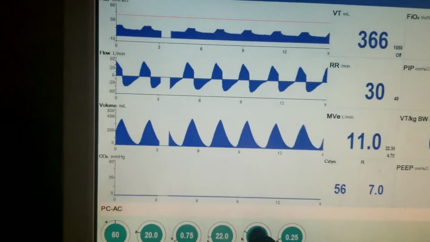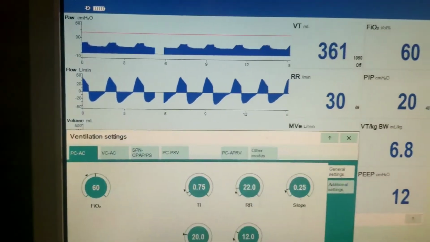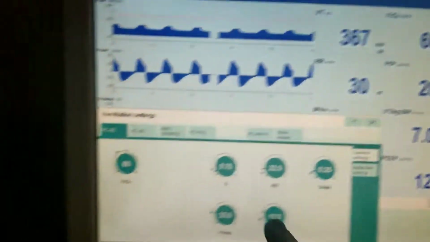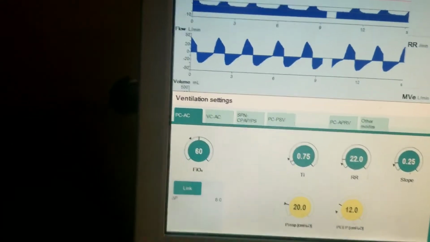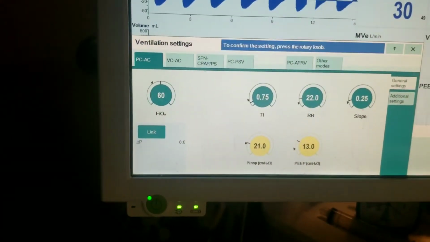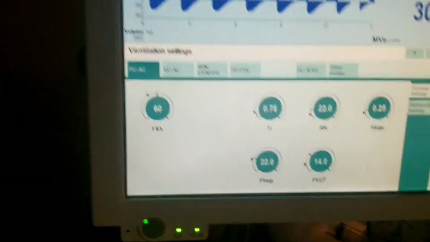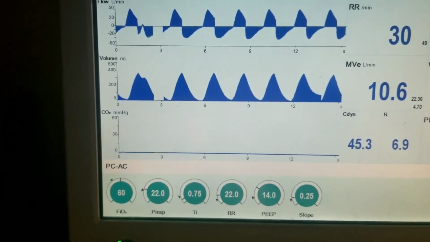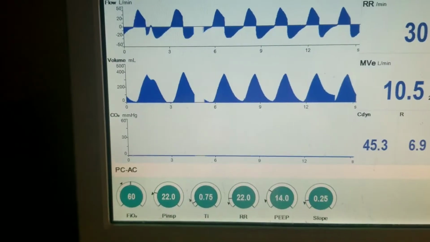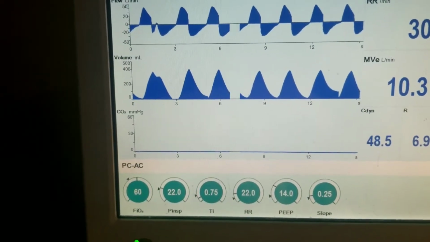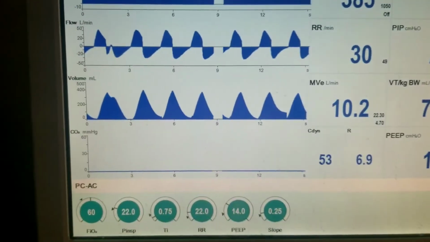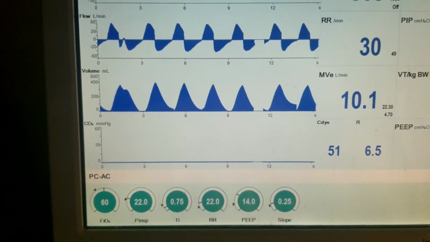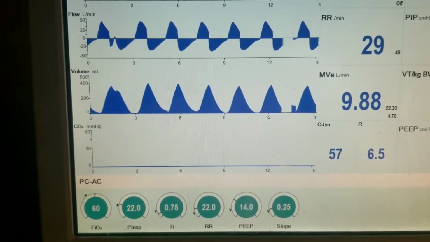Alright, so we're going to go to screen settings up here. And we're going to press this, and we're going to link it, keep that delta P constant. Alright, we're at 14. Compliance 53, 48, 57.